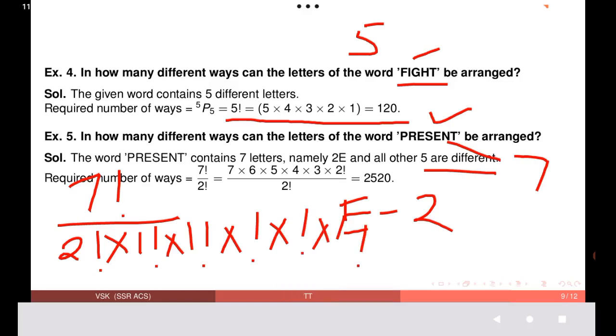But here you can see only factorial 7 upon factorial 2 is written. Why? Because all these factorial 1 have the value 1, so there is no need to write them.